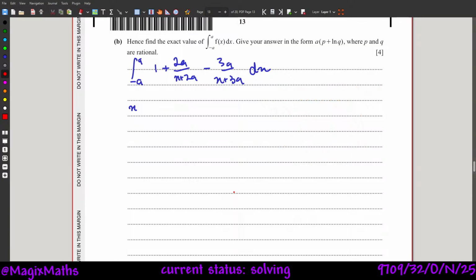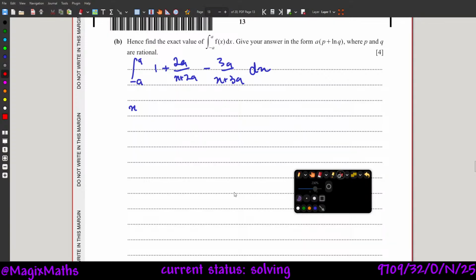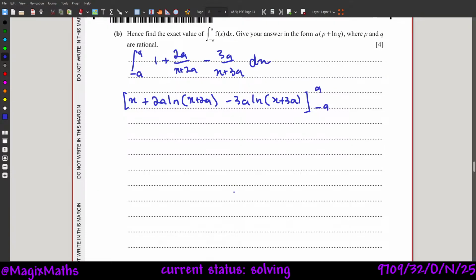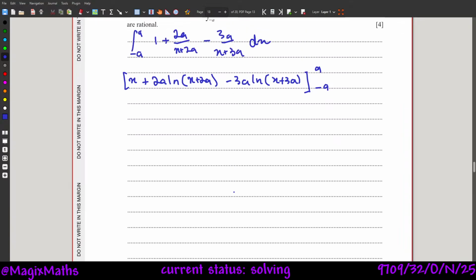So we just reverse that, we'll have 2a ln of x plus 2a. And then do the same for this one. And then we have our limits a to negative a. So we're going to have to substitute that in.